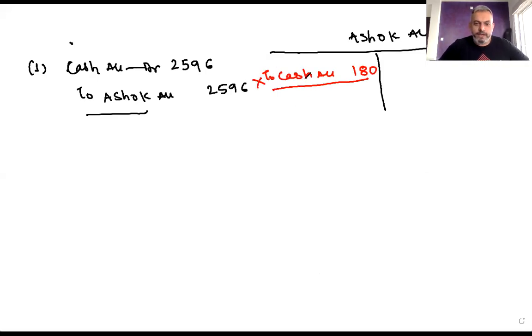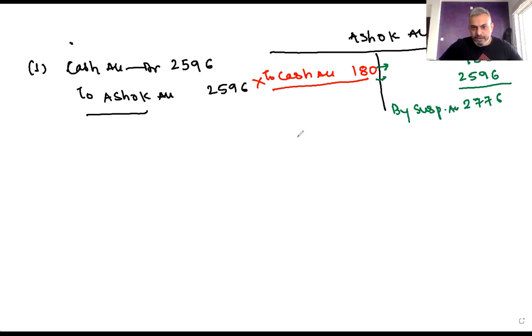So now we have to reverse what is wrong and write what is correct. So we reverse first of all this, which is wrong, so 180, and then what is correct is 2596. So do the total, 2776, by suspense account.